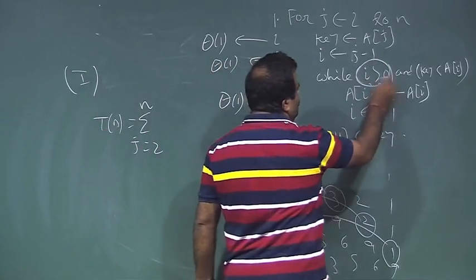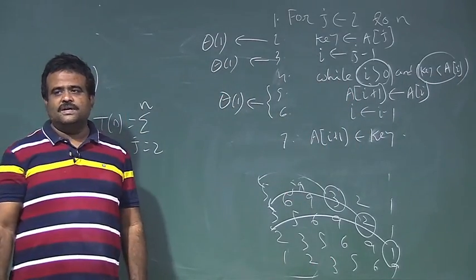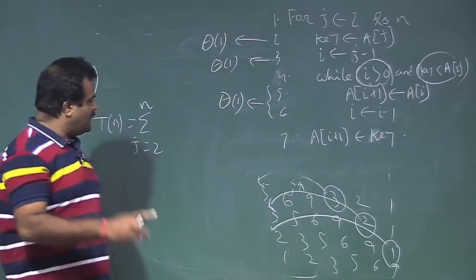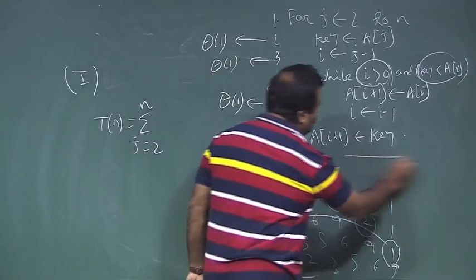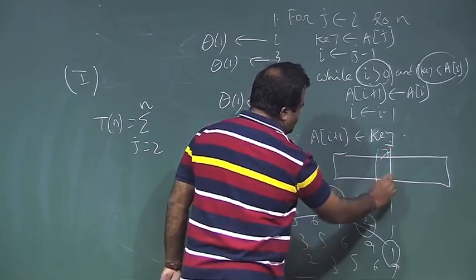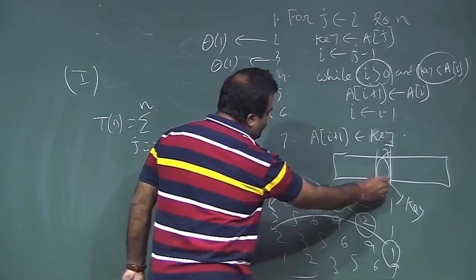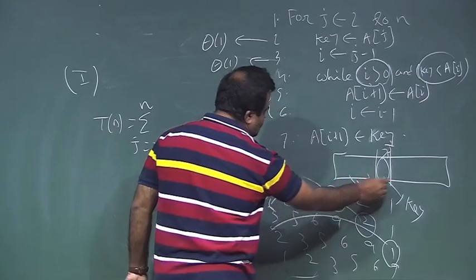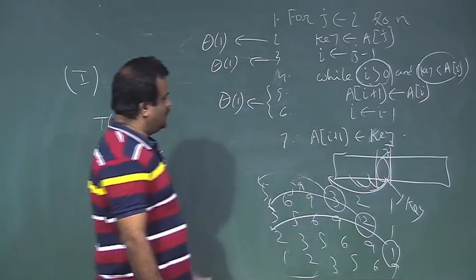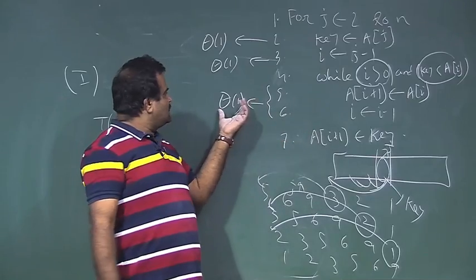Again, this is theta 1, this is theta 1, but the size of this loop is order of j for a given j. Suppose we fix a j, and this is our key. This key is compared with the elements before it, and is coming a long way to the beginning, and every time we spend constant effort, which comes under theta 1.